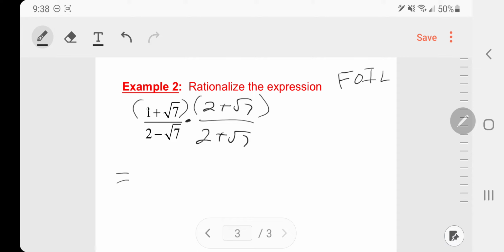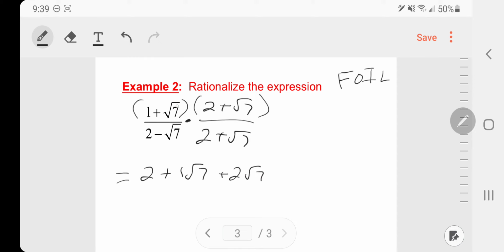Okay, so first would be 1 times 2. That's going to give me 2. The outer terms are 1 times the square root of 7, which is just 1 square root of 7. The inner terms are square root of 7 times 2, so that's going to be 2 square root of 7.